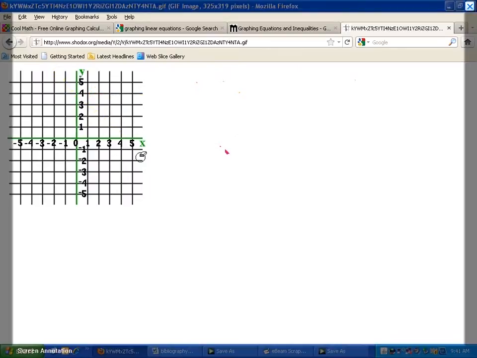Okay. So now they give us an equation like y equals 4x plus 2, and their directions are going to say graph using the intercepts.